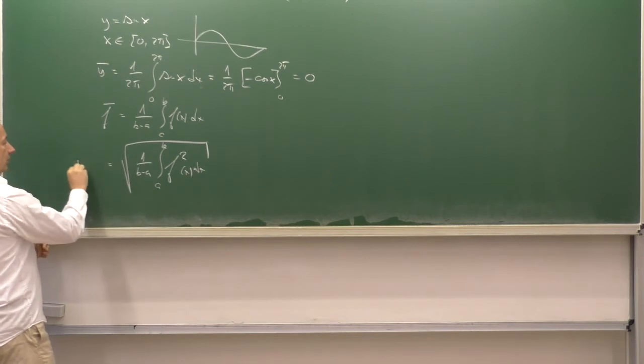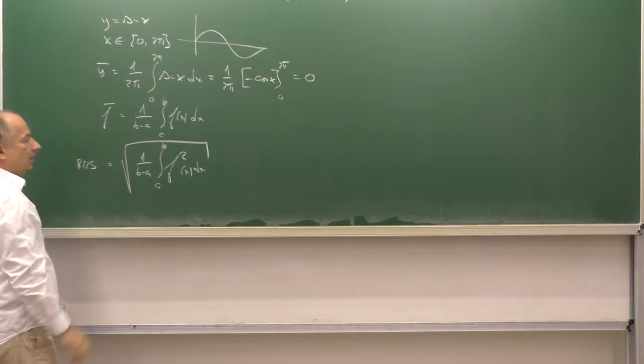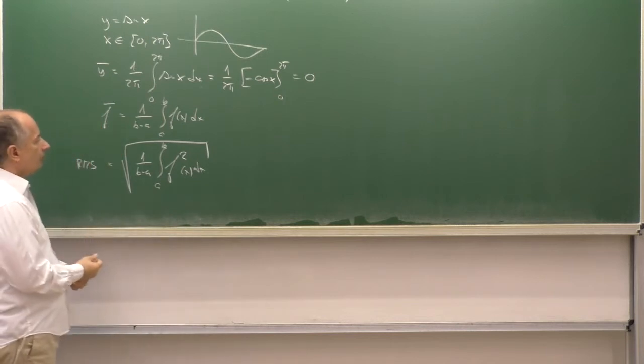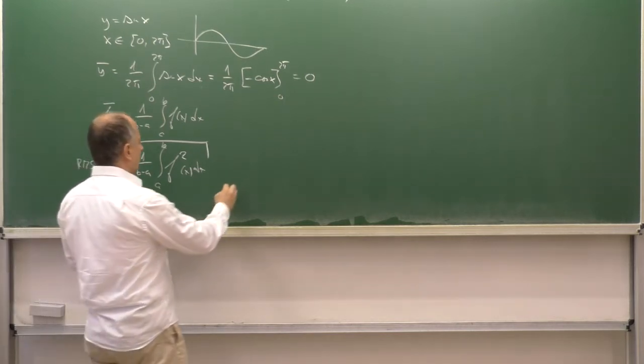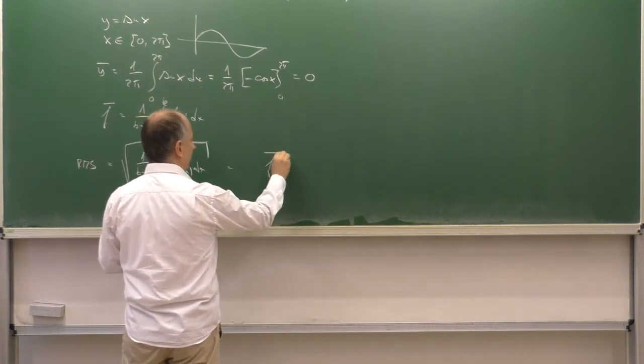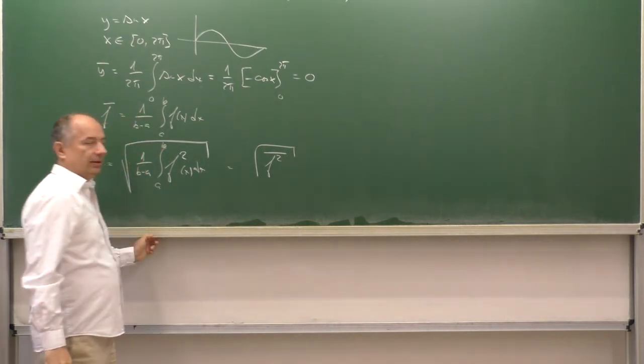And this is called the RMS, the root mean square of the function f. Alternatively, you can write it as f squared average, square root of that.